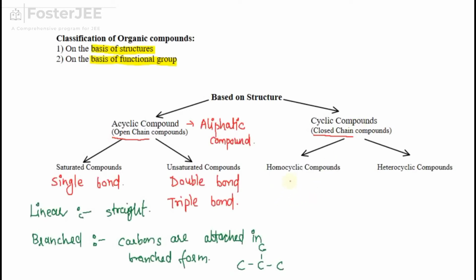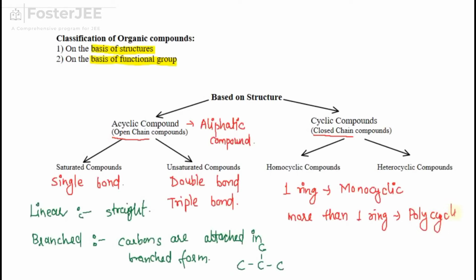So, if a cyclic compound contains one ring, then it is known as monocyclic compound. And if it possesses more than one ring, then it is known as polycyclic compound.